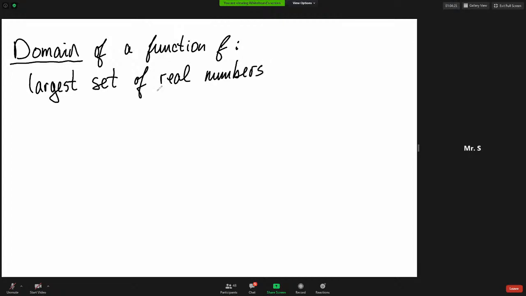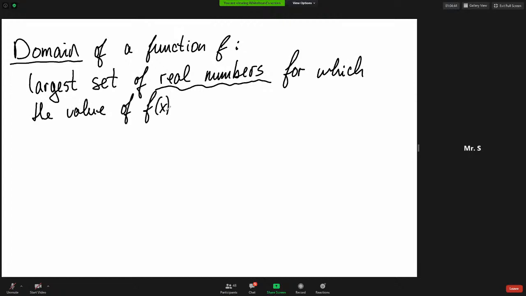So we might need a bit of a refresher on what it means to have real numbers for which the value of f of x is also a real number.